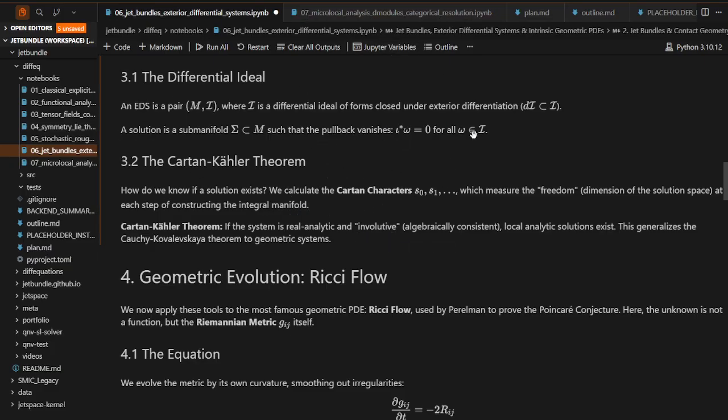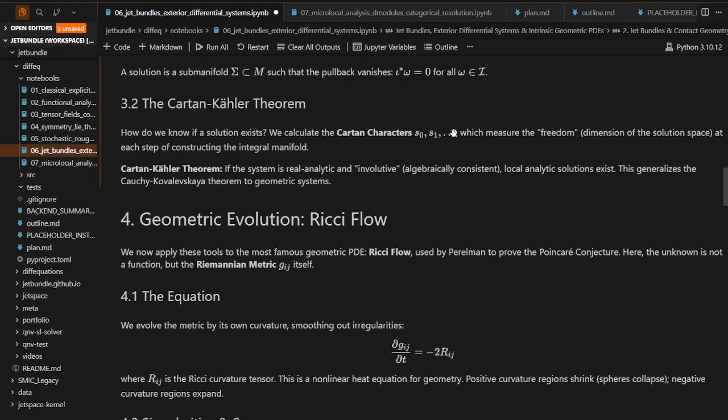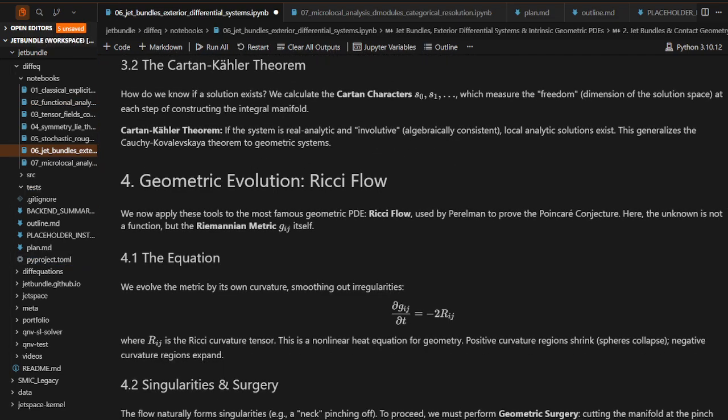And this is said to be closed, because if we take the exterior derivative of the ideal, it should be a subset of the ideal, an algebraic ideal.